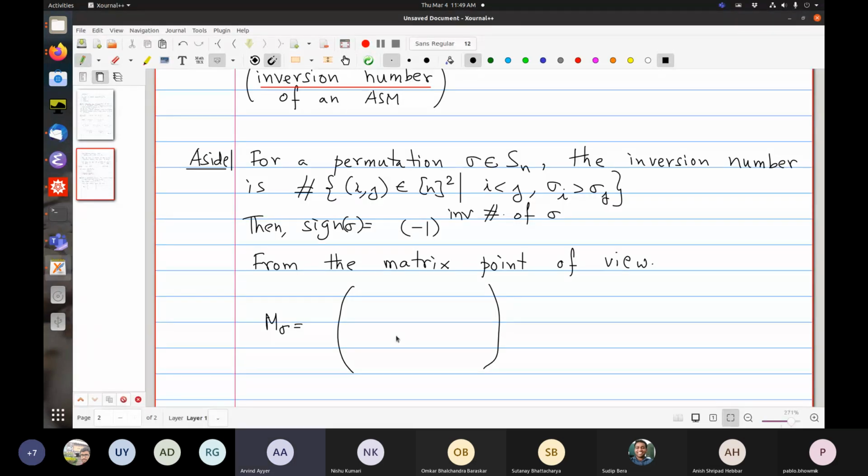Remember, M sigma ij is 1 if and only if sigma i equals j, otherwise it's a 0. So this is in the ith row and jth column.